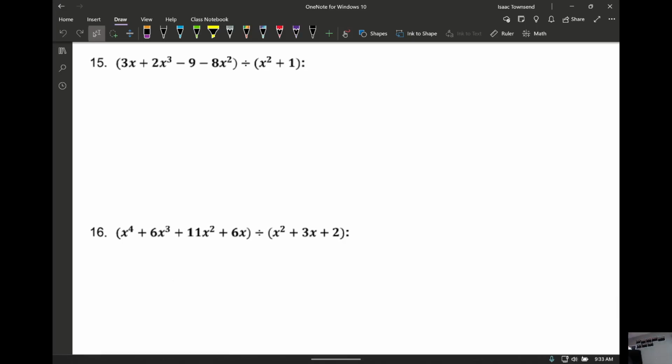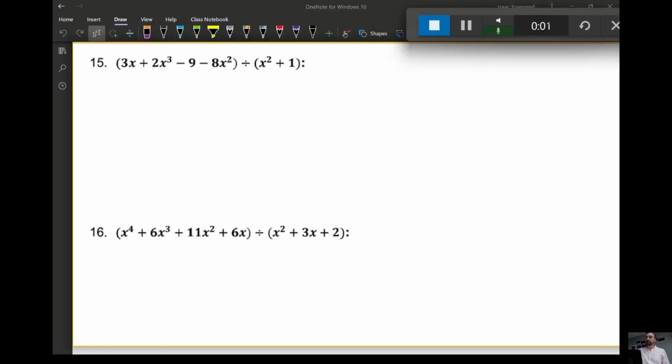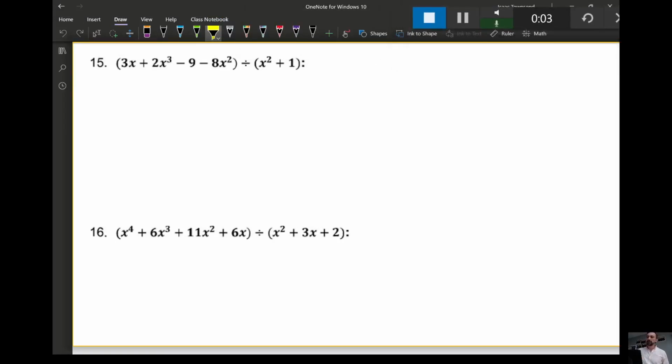Sure. Let's see. Okay, so the first thing we have to notice is that because this x is squared here, you cannot use synthetic division.